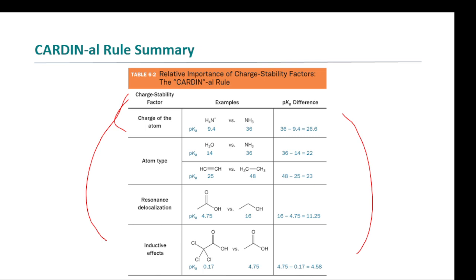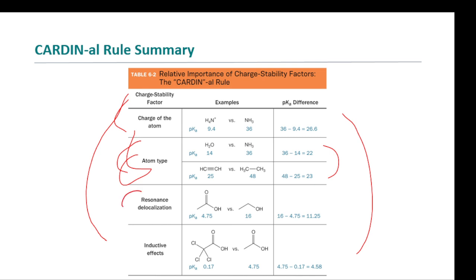The atom type, on the other hand, is going to be the next one. And this is going to have the next largest effect. It's a pretty large effect, though. Okay? And you can remember this very large effect because of things like HCl versus HF, versus H2O. The atom type there has massive effects. Okay?